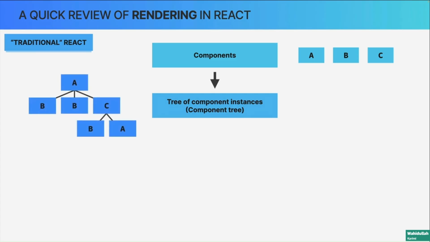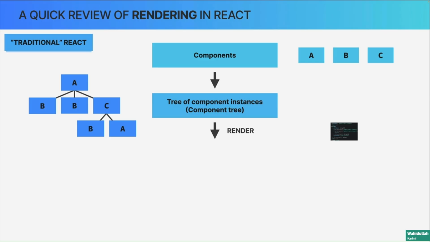So here we have one or more instances of each of the components A, B, and C that we've written earlier. Then, next up, it's time to render this component tree. And remember that rendering in React simply means to call each component function. Now, the result of calling a component function is a React element, which is simply a JavaScript object that contains all the information necessary to create DOM elements for the corresponding component instance.